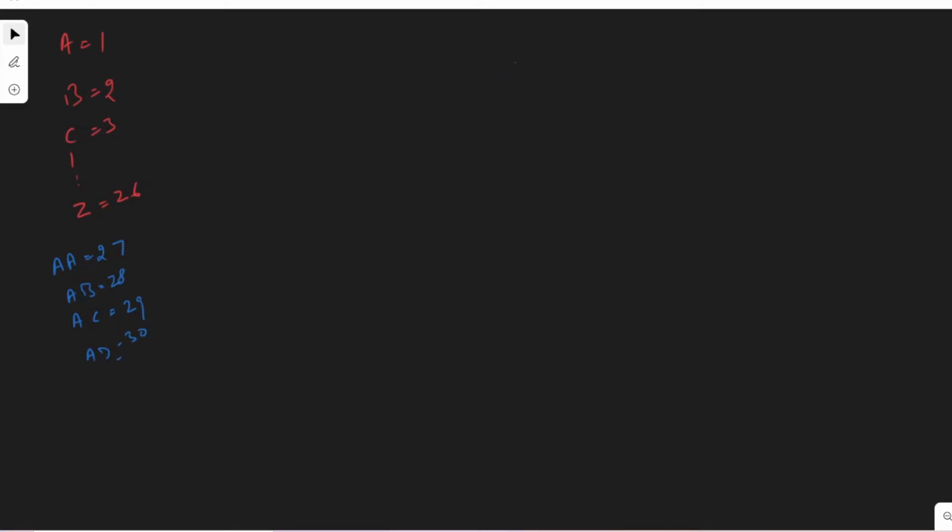Let's say AD is given and we have to identify its number. AD is nothing but the value 30. In this type of question, there is no specific algorithmic logic involved. These are pattern identification questions.